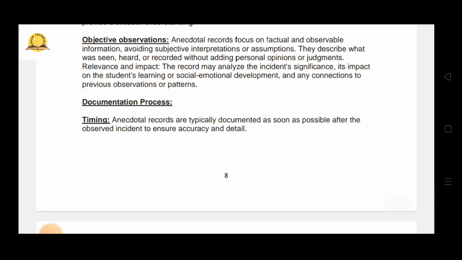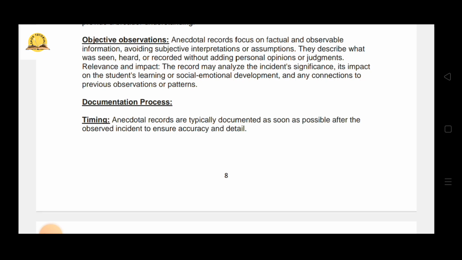Objective observations: anecdotal records focus on factual and observable information, avoiding subjective interpretation or assumptions. They describe what was seen, heard, or recorded without adding personal opinions or judgments.